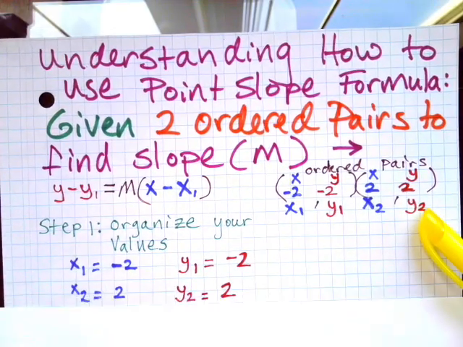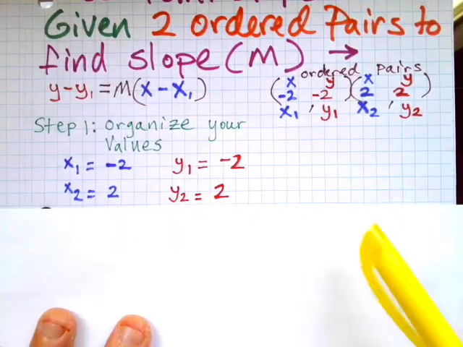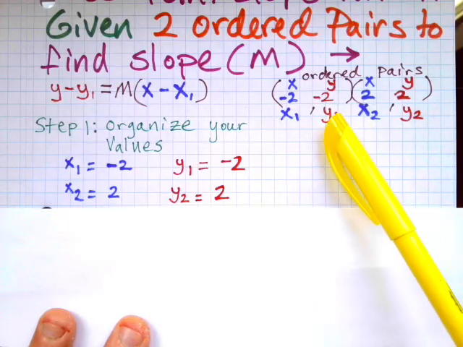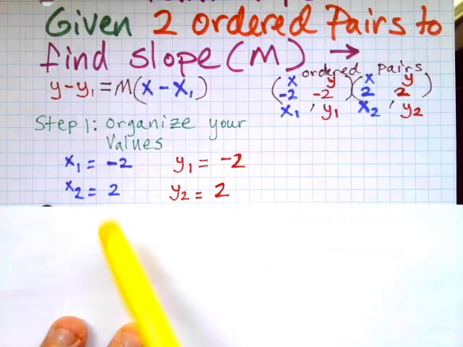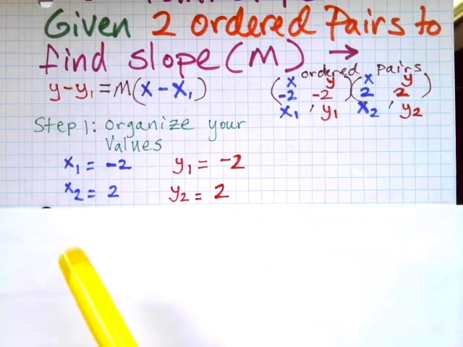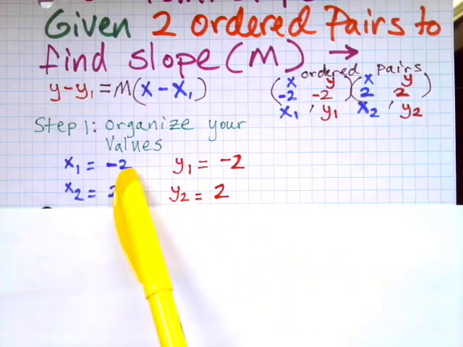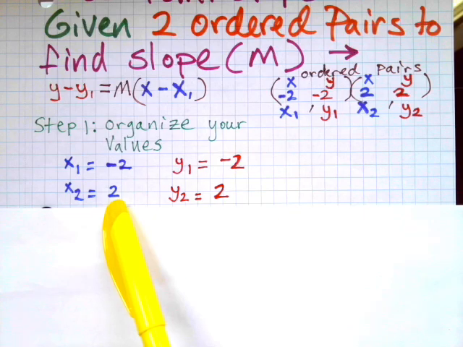All right, so you want to go ahead and organize your values, right? We labeled our ordered pair, x's and y's, x1, x2, y1, y2. You want to organize it so you can see it here. So I wrote down my x1, my x2 values. My x1 was -2. My x2 value was a +2.